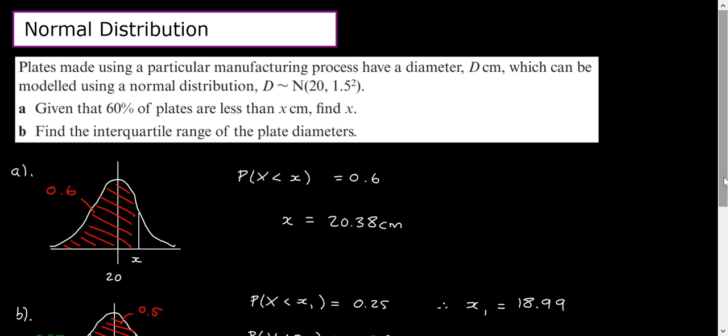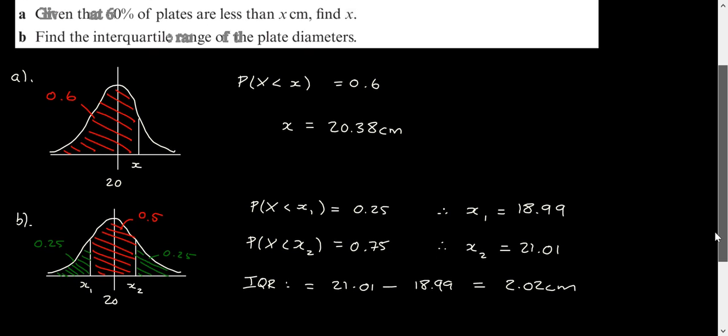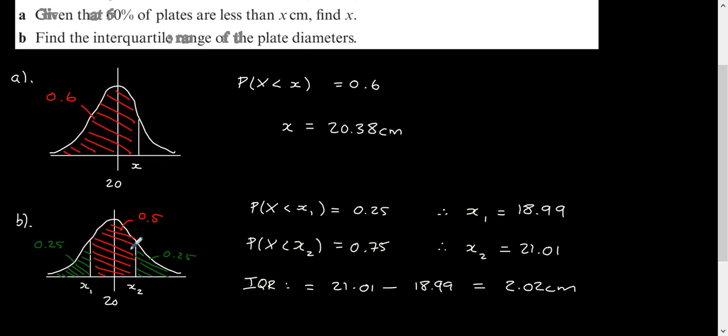From this question, we can know that because we know that the interquartile range means that the 50% in the middle is split evenly across the mean. So if you change your tail to central and then change your area to 0.5 to represent that 50% in the middle, then you've got your sigma value of 1.5 and your mean of 20, you get the two values, all right?